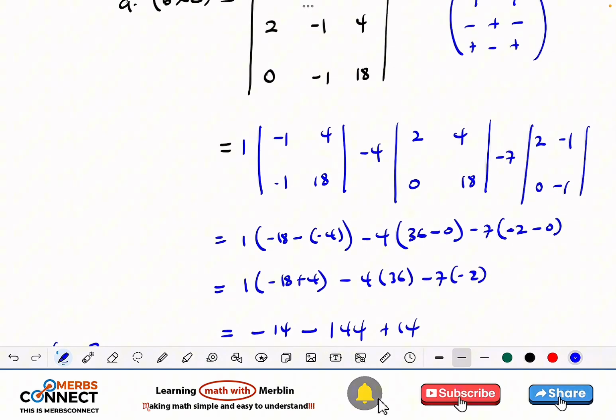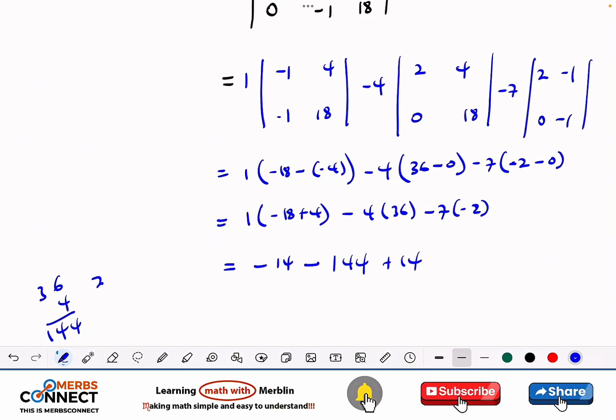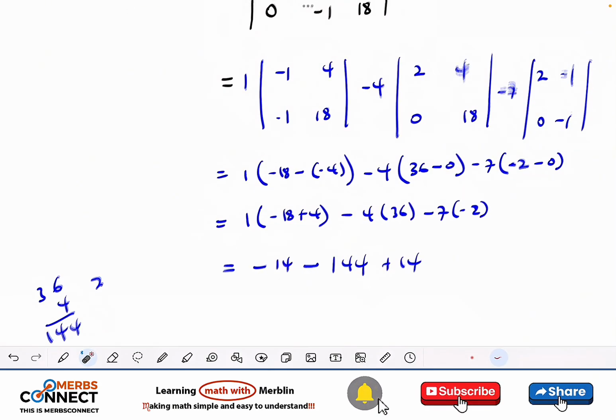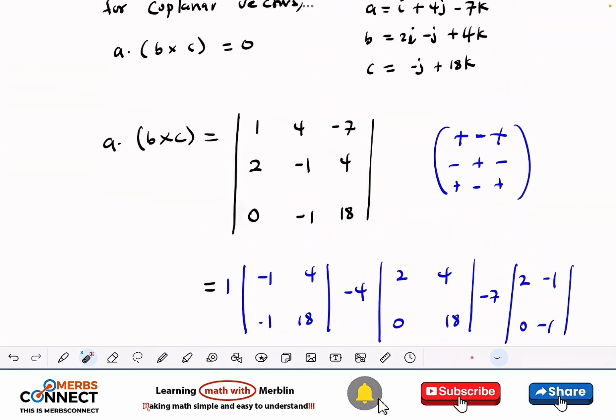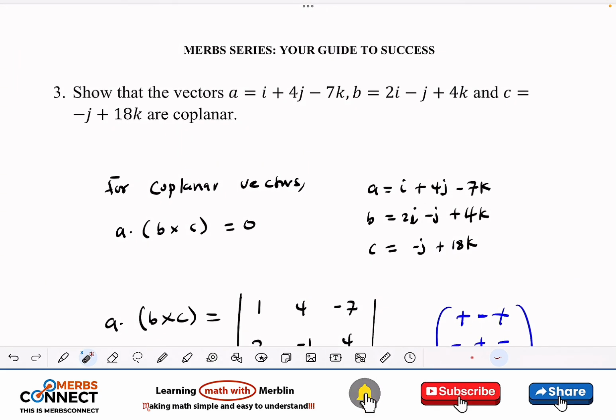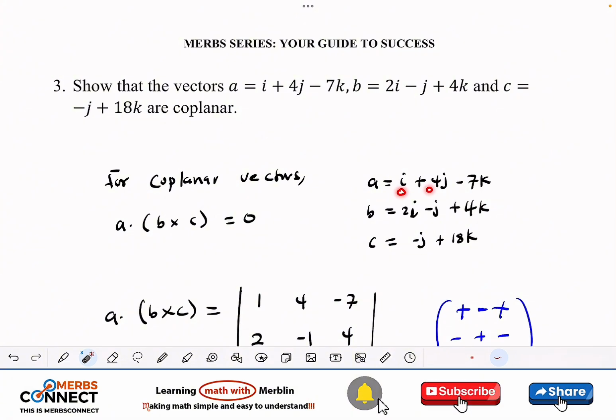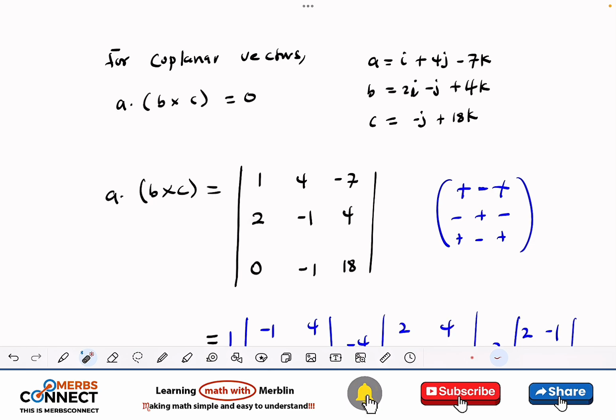Indeed, there should be something wrong with our question here, because basically this will cancel this, and in the middle, something is wrong. Let's go and check it out. 1, 4, minus 7, 2, minus 1, 4. Okay, let me check it again. 2, minus 1, 4, 0, minus 1, 18.